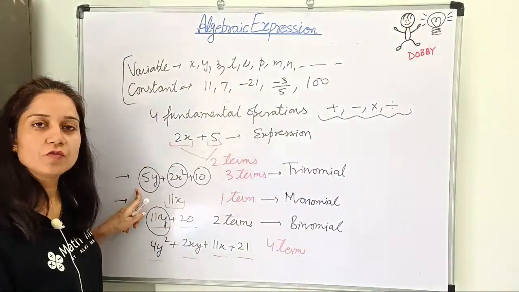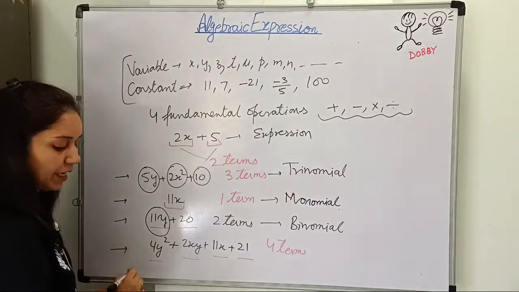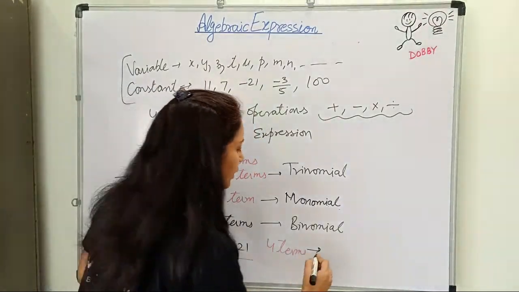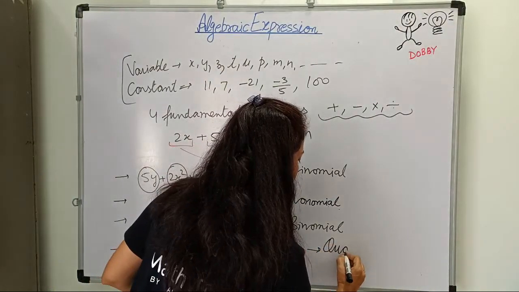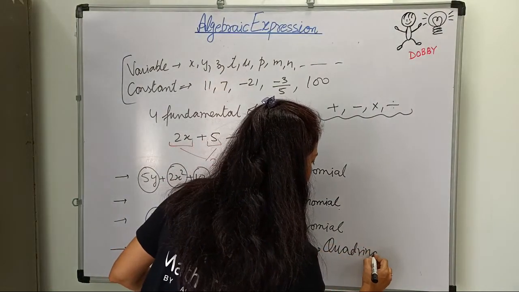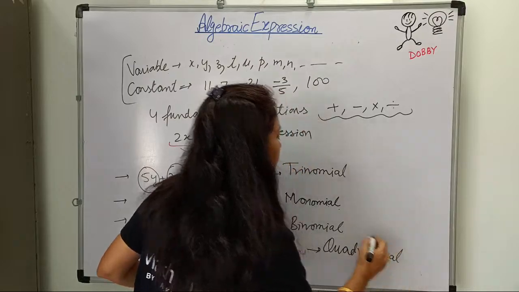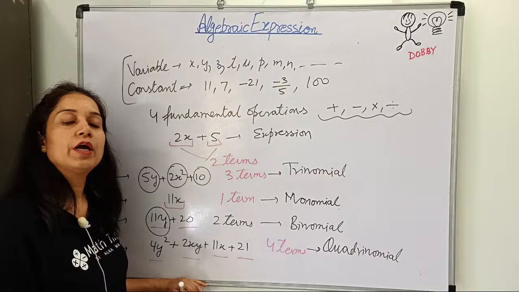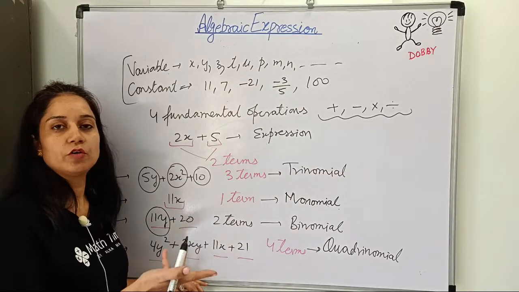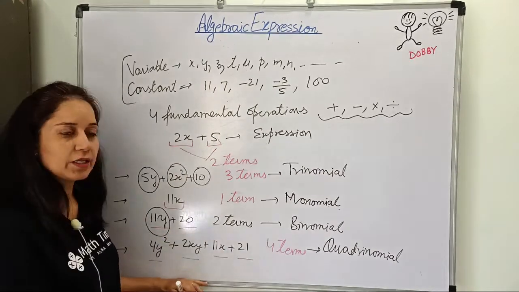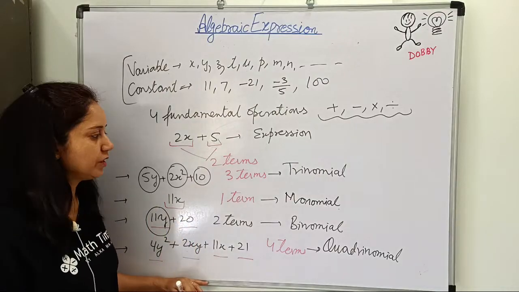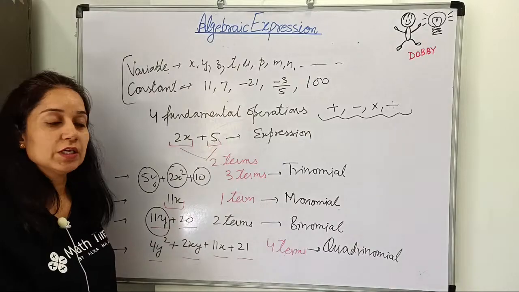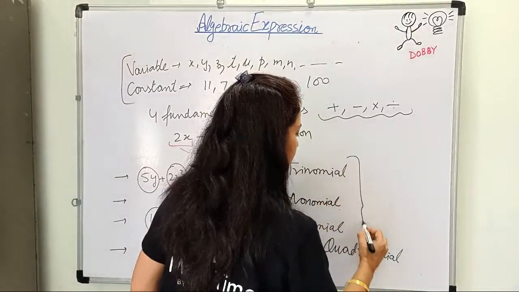Keep on writing along with me. An expression having 4 terms is called quadrinomial. These questions can be asked under fill in the blanks or match the following or your MCQs. So 1 mark questions can easily be asked out of these. This is the classification of expressions on the basis of terms.